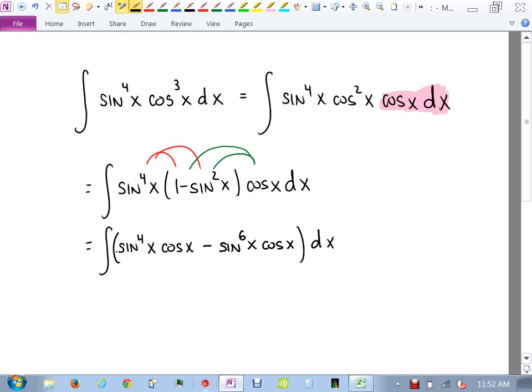You'll see how that worked? Sine to the fourth went through, and then cosine went through. Each one of those integrals is a basic substitution. U is sine x, du is cosine x. See it?